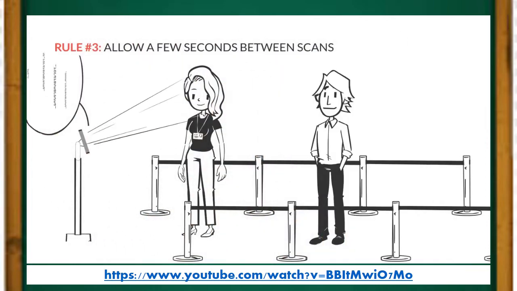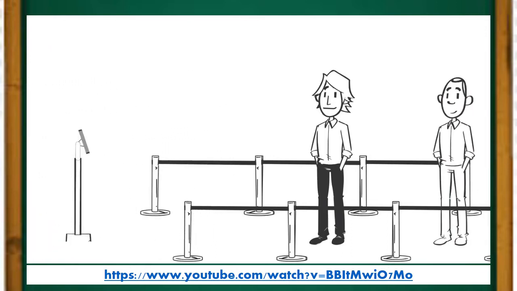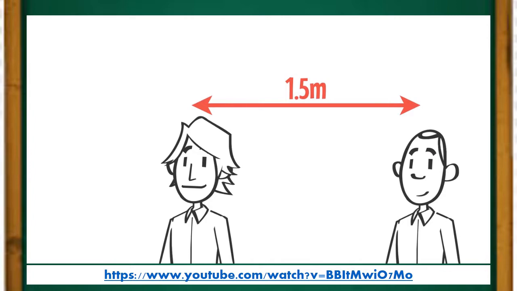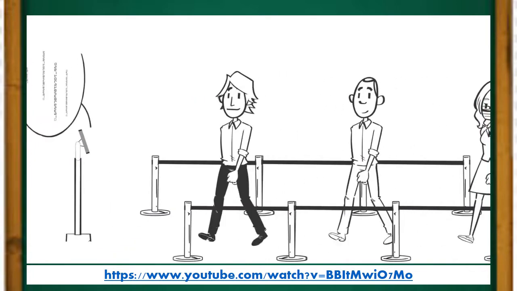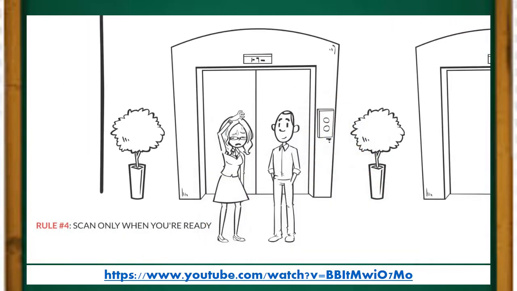Rule number 3. Give FeverScreen a small break between scans. It doesn't need much, but FeverScreen needs just a second or two to recalibrate between scans. By observing normal social distancing requirements of 1.5 meters, FeverScreen should have adequate time to recalibrate and scan each person in turn. Rule number 4. Give yourself a break.